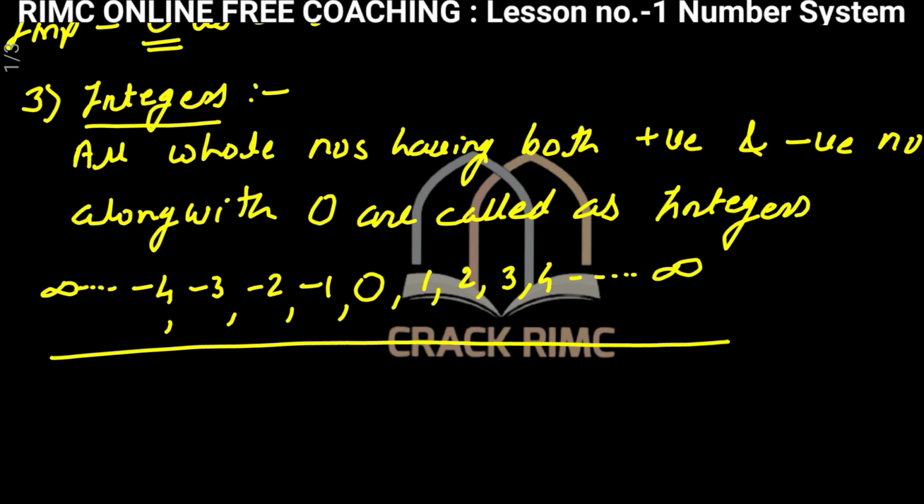So all these numbers are called as integers, right? So what we have learned? We have learned that number which starts from 1, 2, 3, 4 and goes up to infinity are called as natural numbers. If 0 is added in natural numbers, it will become whole number. And now if negative numbers are added in whole number, it will become integers. Is it clear? Okay.